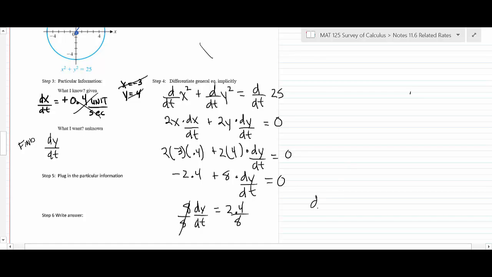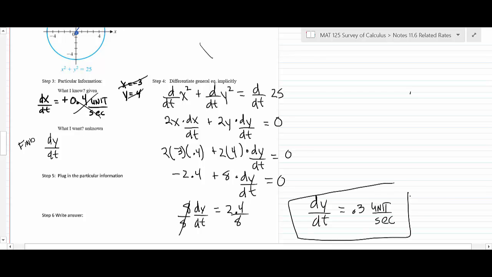So you would have dy over dt equals 0.3, and then you do want to write the units on this. Be sure you write units per second, like that, okay? And really, as far as writing the answer, this one's not as important as the other ones.